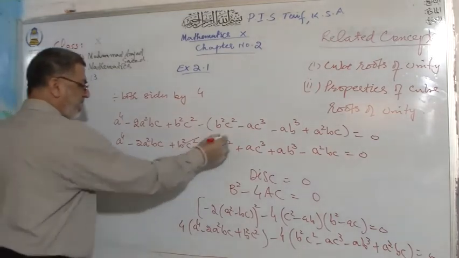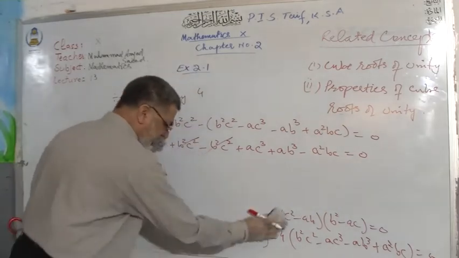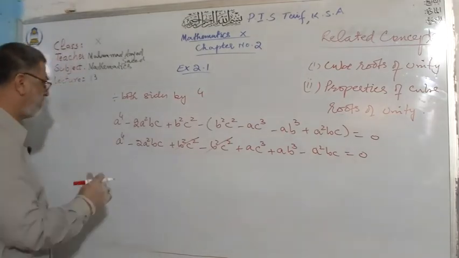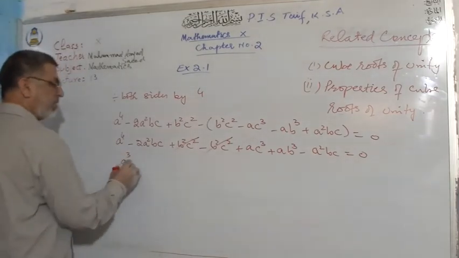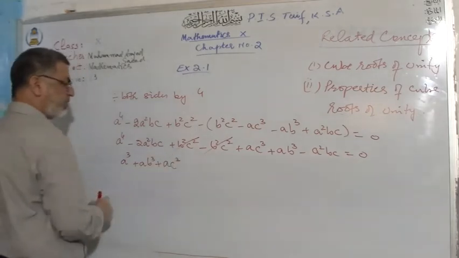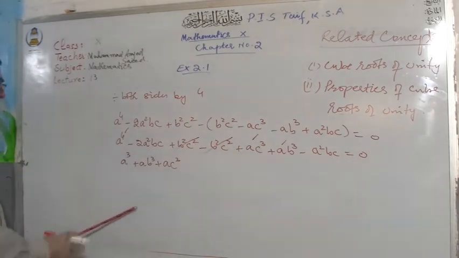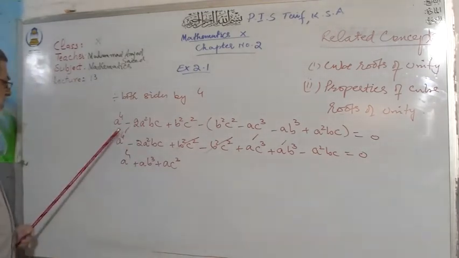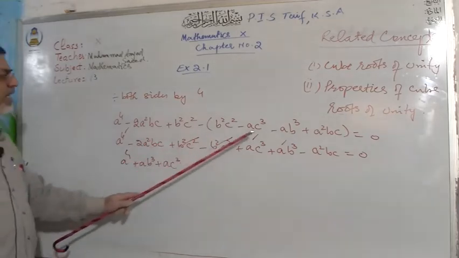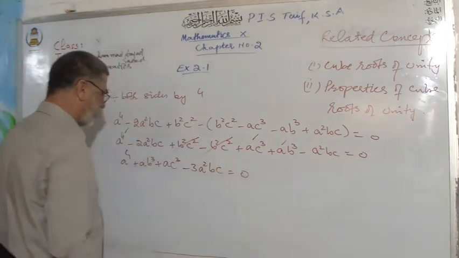First of all, b square plus b square and minus b square are cancelled out, and we are left with a power 4, then ab cube plus ac cube minus 2a square bc and minus 1a square bc, that is minus 3a square bc, that is equal to 0.